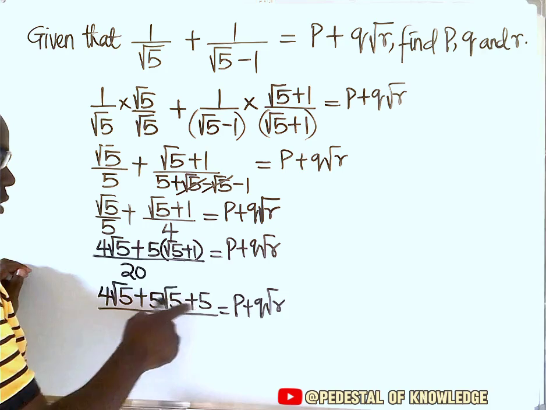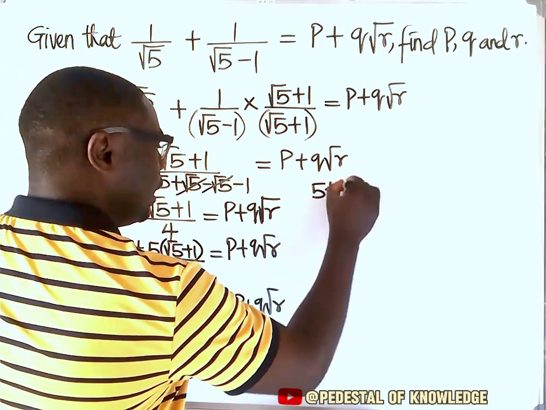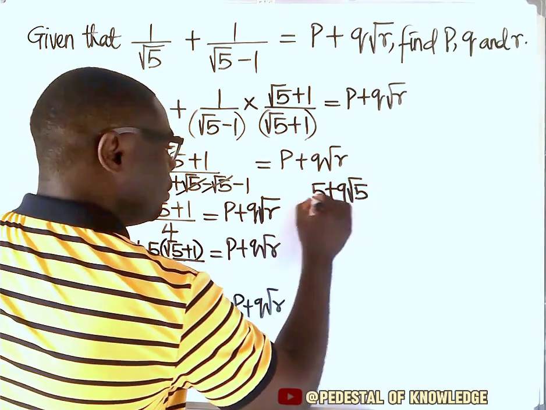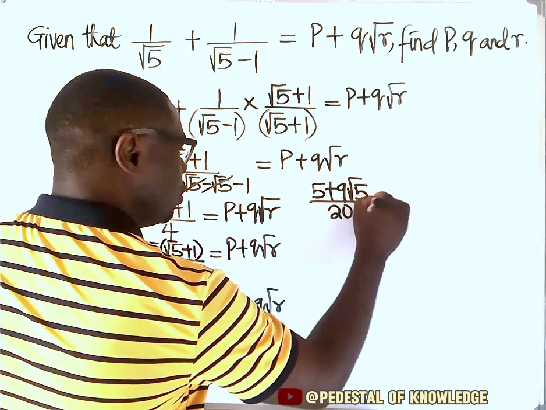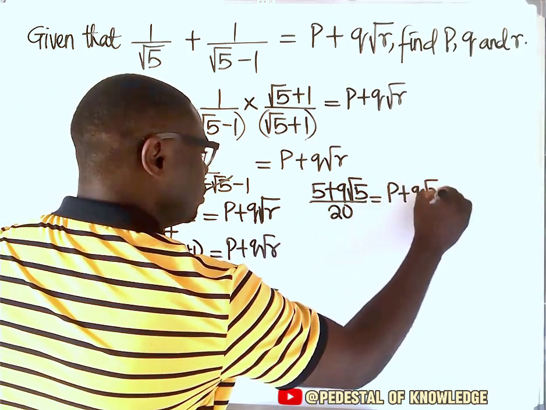Now 9 root 5 plus 5 will give us 5 plus 9 root 5 divided by 20 is equal to P plus Q root R.